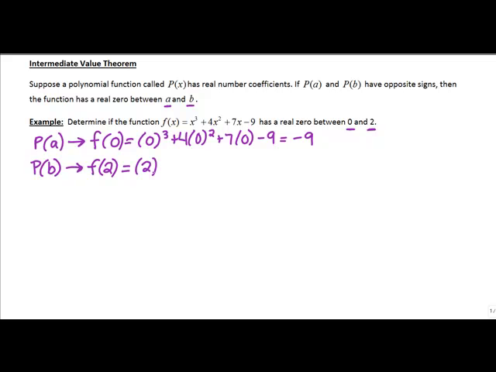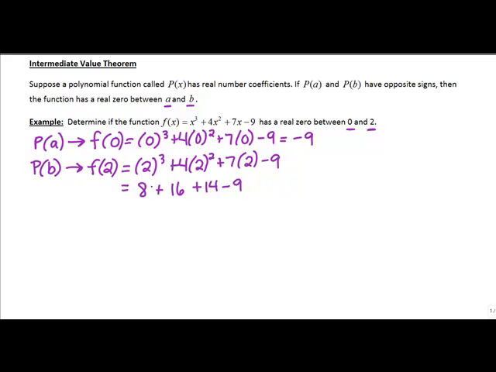Okay, 2 cubed plus 4 times 2 squared plus 7 times 2 minus 9. Okay, that's going to give us 8 plus 2 squared is 4 times 4, which is 16, plus 7 times 2 is 14, minus 9.